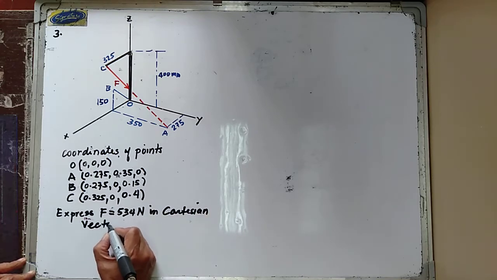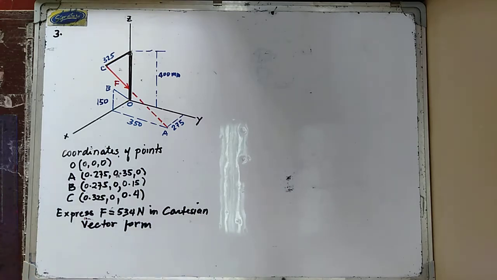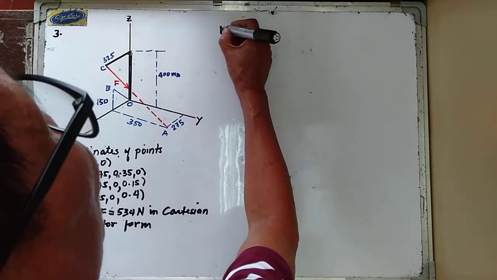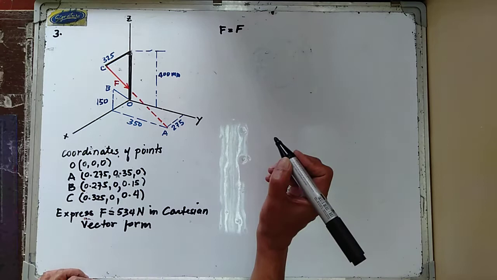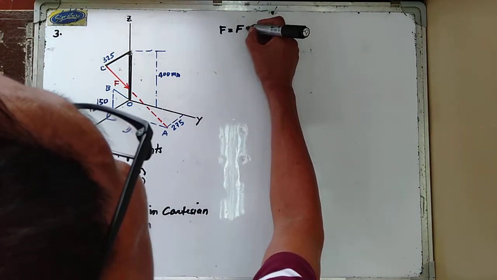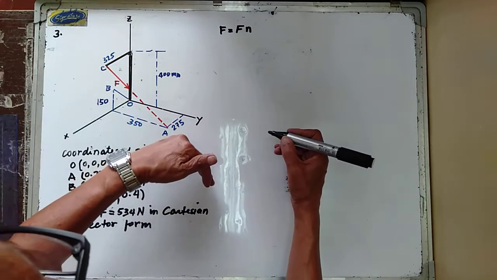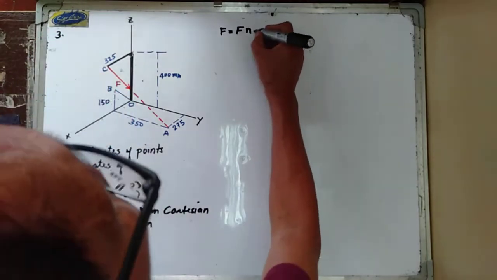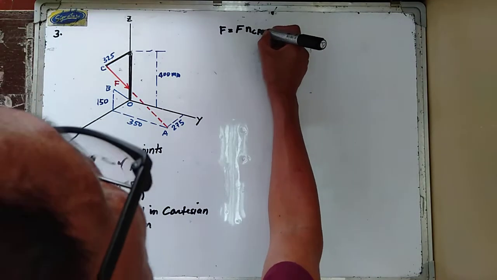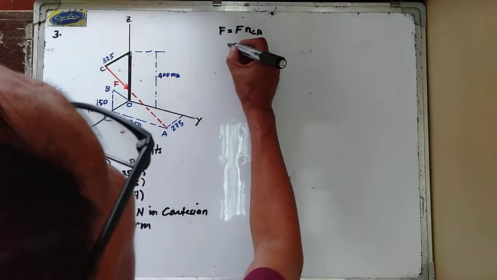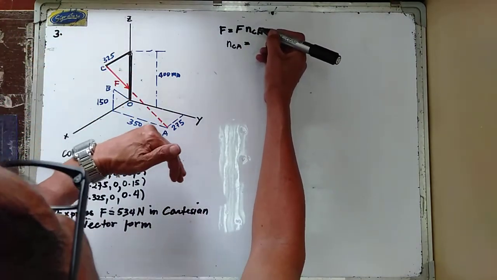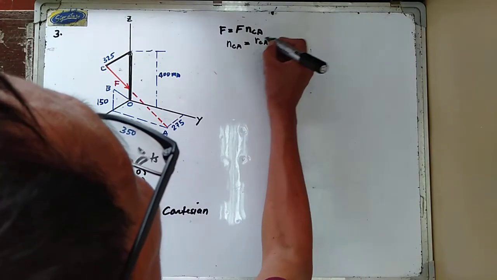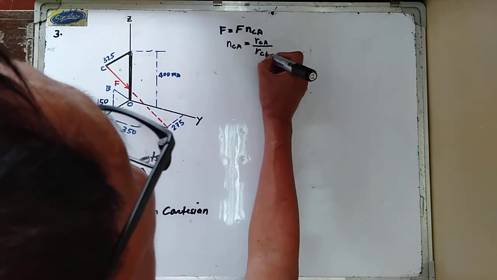So to express this in Cartesian vector form, F is equal to the scalar value of F, 534 newtons, multiplied by a unit vector in the direction of F. That is from point C to point A. So the unit vector is directed from point C to point A. Now, we have your unit vector CA as equal to the vector distance CA all over the magnitude of this vector distance.